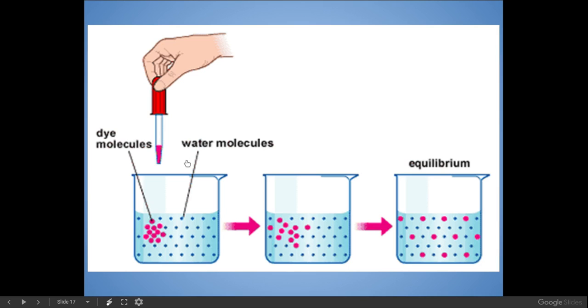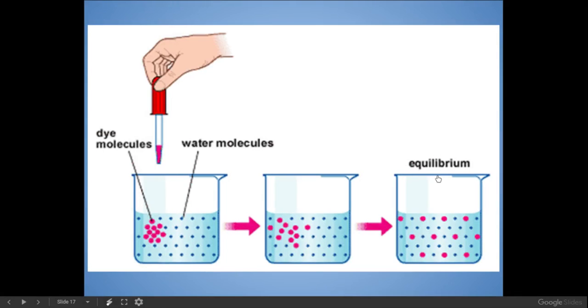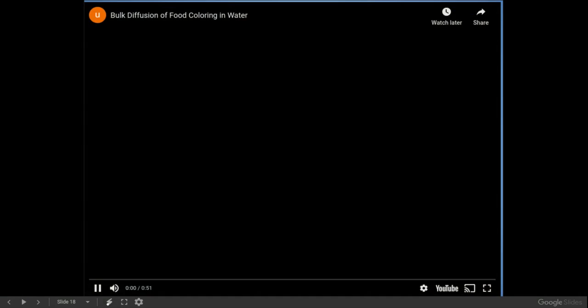So if we were to put a drop of dye into water on one side, we would have our high concentration right here. But over a period of time, that dye would move from the area of high concentration to low concentration until we reach what's known as equilibrium. That is diffusion. And so if we look at a very easy example of this, here's our dye in a glass of water.